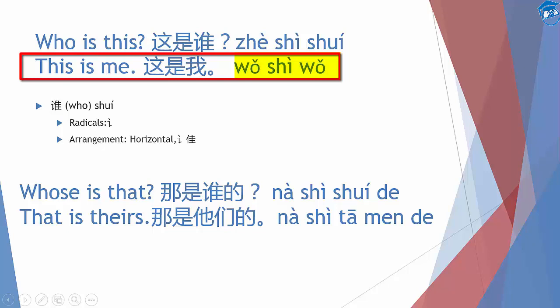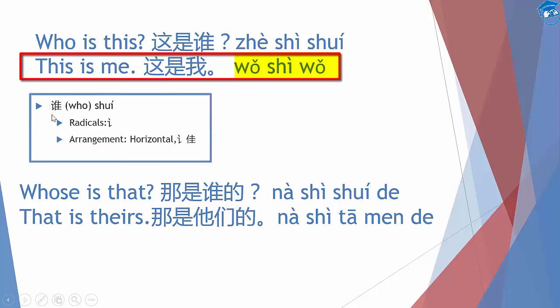So in the whole sentence, it is 这是我. Okay, it may not sound so intuitive to you if you are a native speaker of English, but to us, to some other language speakers, it should be like this in forming a question.